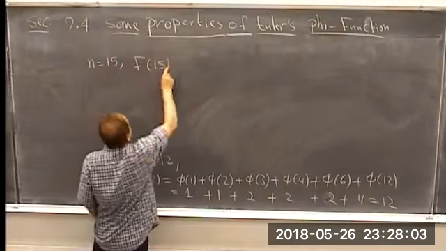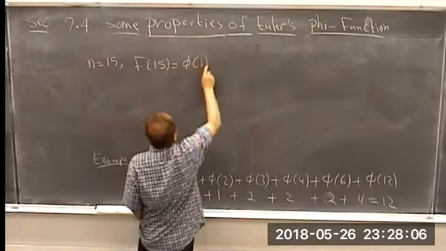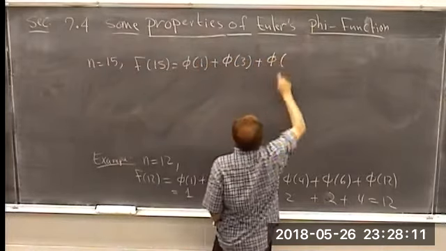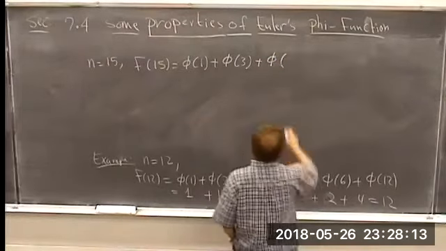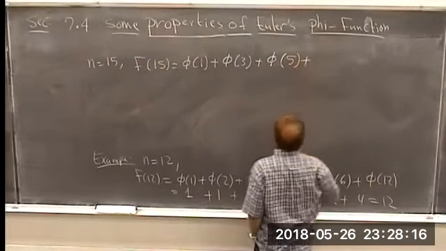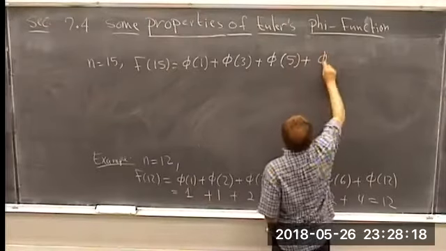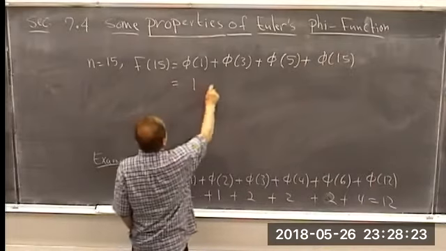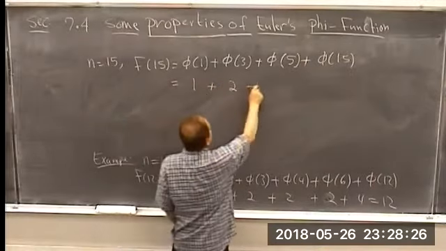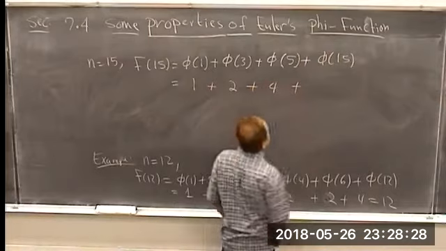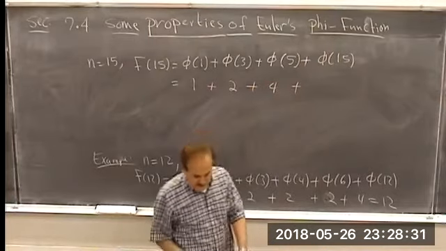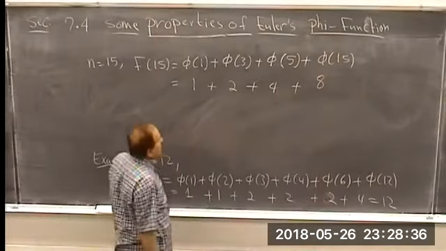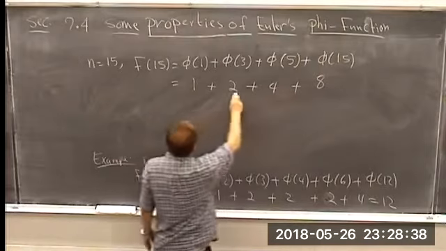F(15) is equal to phi of 1, phi of 3, phi of 5, and phi of 15. Phi of 1 is 1, phi of 3 is 2, phi of 5 is 4, and the numbers that are relatively prime to 15 give 8. So when I add these, 1 and 2 and 4 is 7, and 8 more is 15.